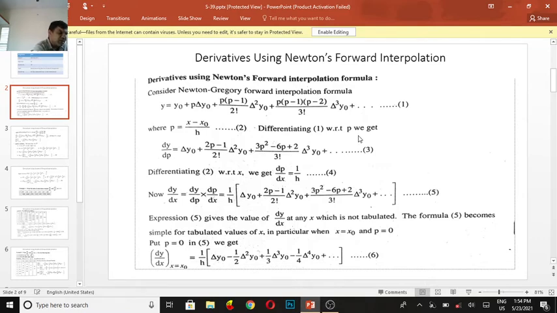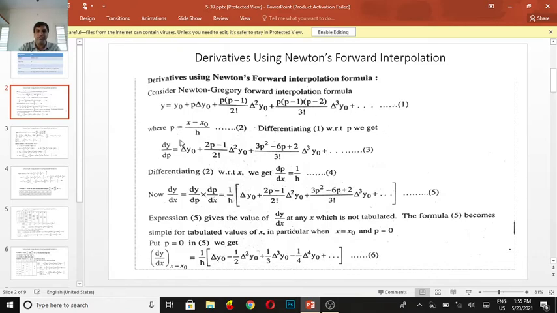Again, simplifying p into p minus 1 into p minus 2 into p minus 3, we get p raised to 4 minus 6p cube plus 11p square minus 6p, divided by 4 factorial.